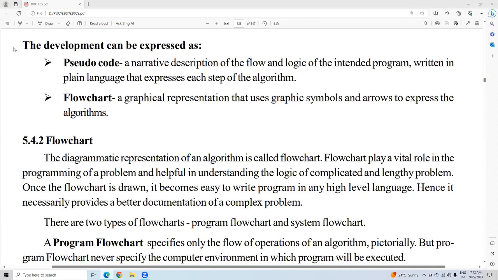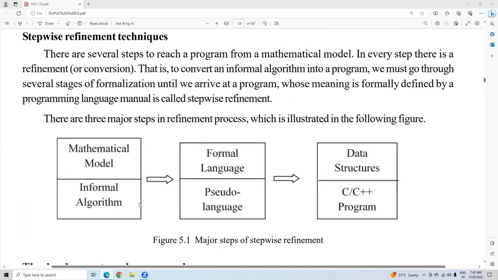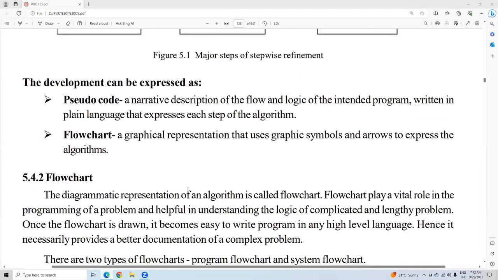Pseudocode is nothing but an algorithm where the mathematical informal algorithm, the mathematical solution or mathematical model to solve the problem, will be converted into a series of sequential steps written in plain language.